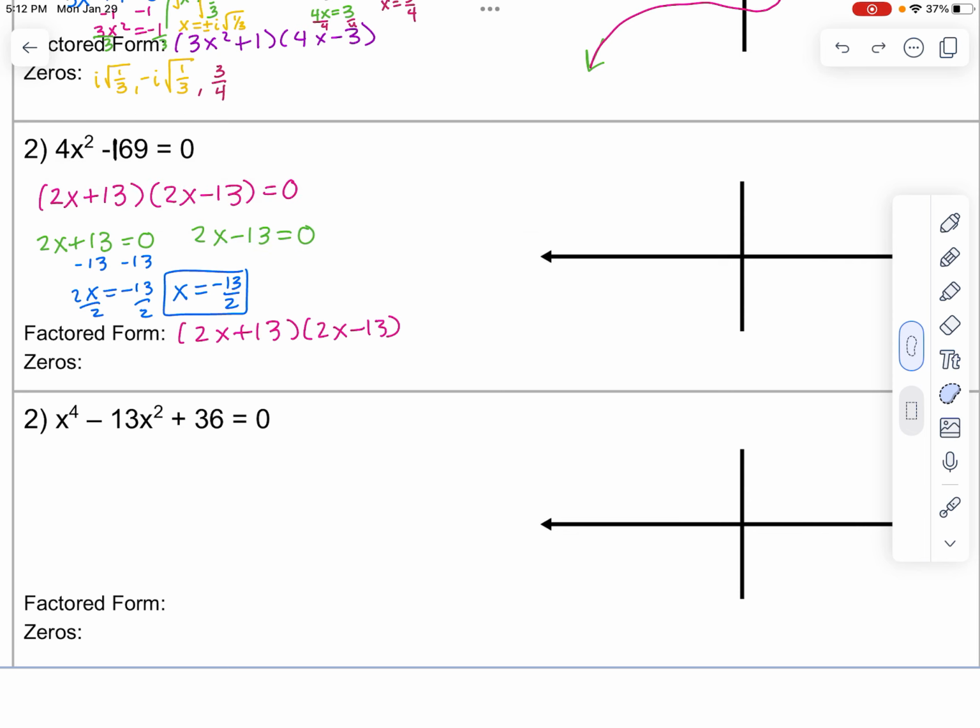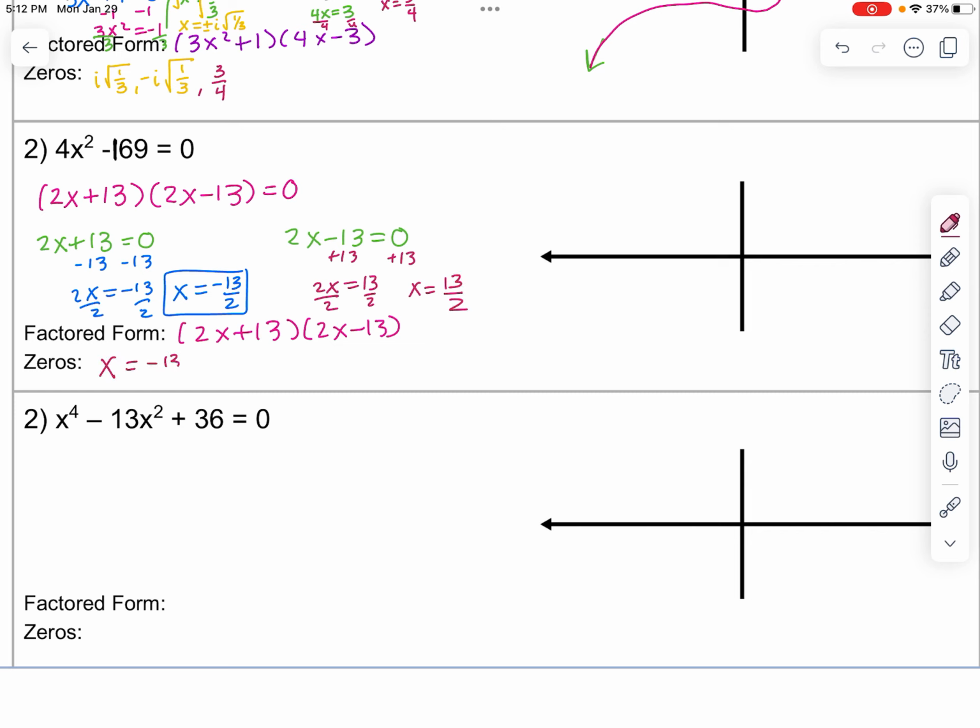Oops. One more time. There we go. All right, for the next one here, we're going to add the 13. 2x equals 13, divide by 2, and x equals 13 over 2. So my zeros are x equals negative 13 over 2 and 13 over 2.